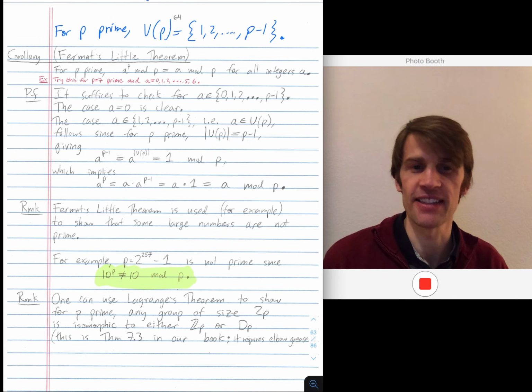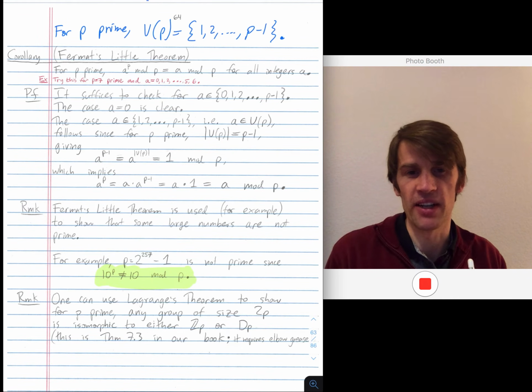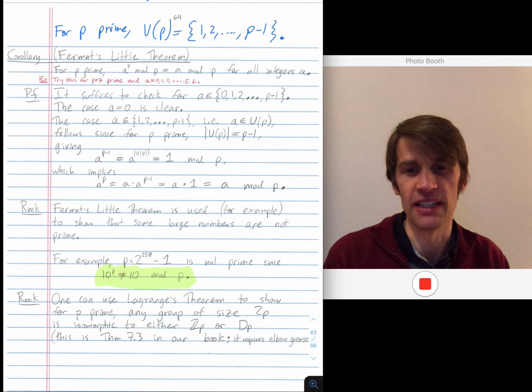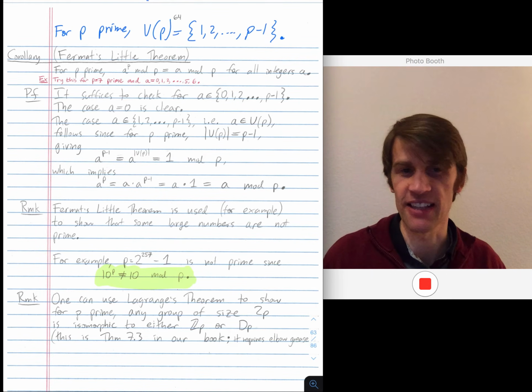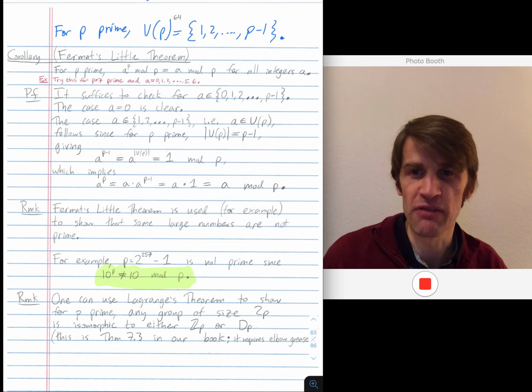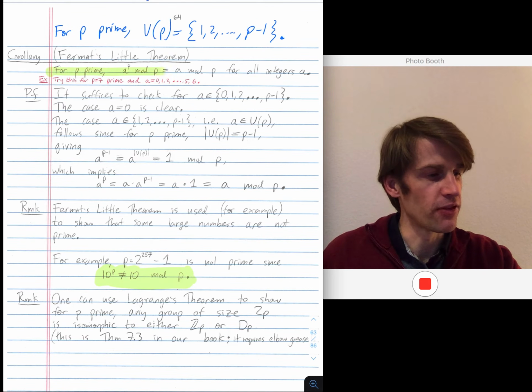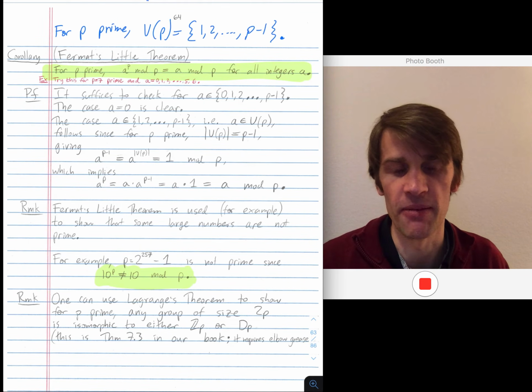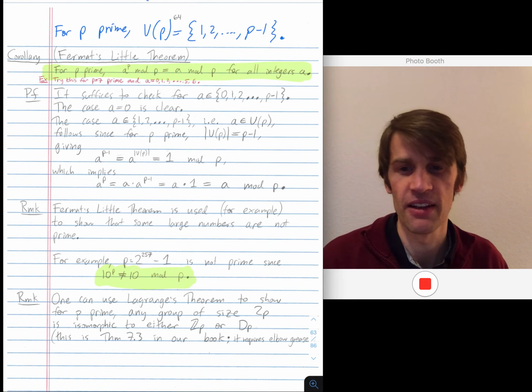But 10 does not satisfy this. You can check what 10 to the power p mod p is. It's not equal to 10. And so therefore, that's not breaking the theorem, but just saying that p couldn't have been prime. Because if p were prime, 10 to the p power would have to be congruent to 10.